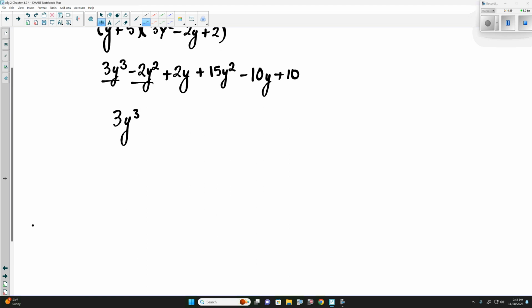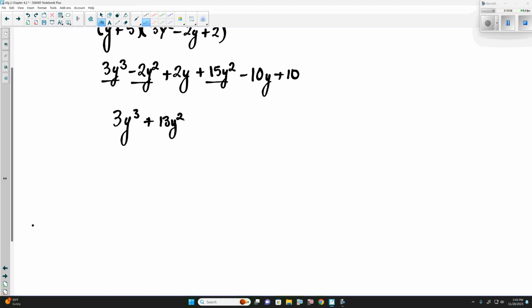Our negative 2y squared plus 15y squared would be negative 2 plus 15 is plus 13y squared.